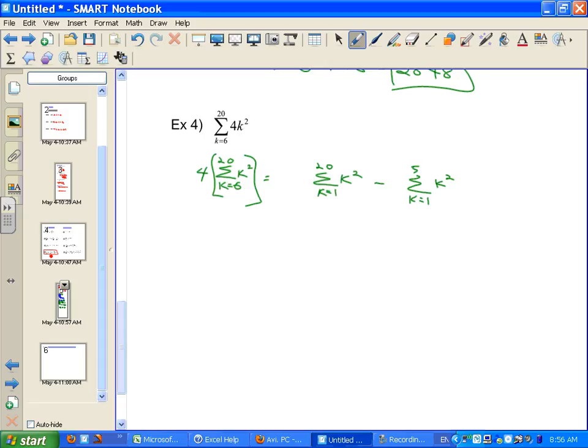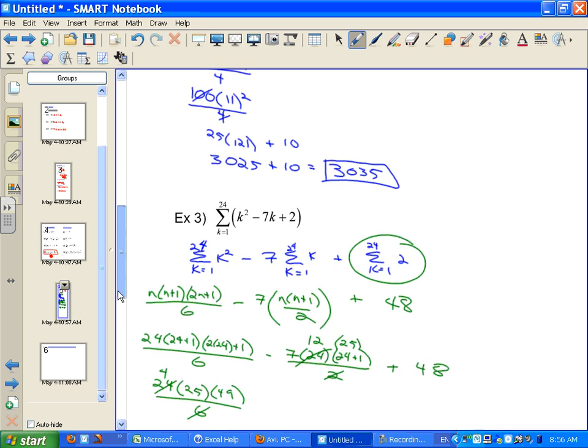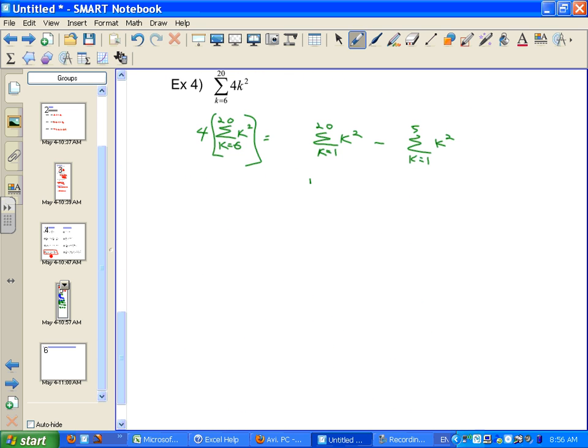Because we only have formulas that start at 1. So that's why I have to take off the front part. All right, so again, my k squared formula is this one down here. n times n plus 1 times 2n plus 1 over 6 minus another one of those.